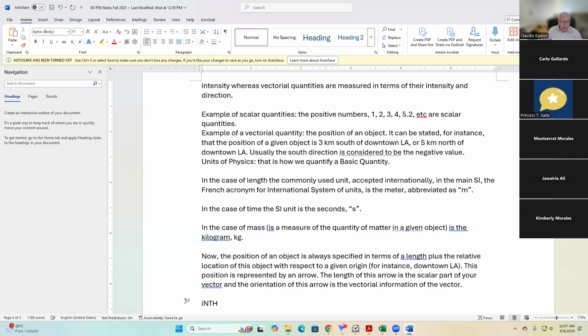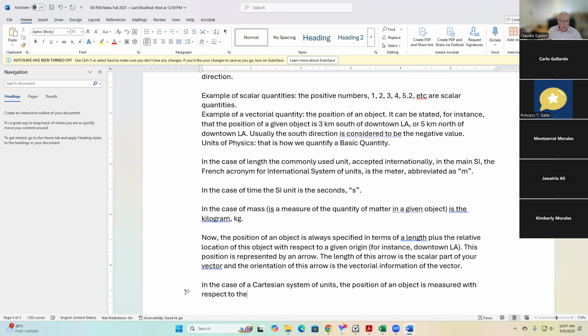In the case of a Cartesian system of units, the position of an object is measured with respect to the origin of the Cartesian axes, which is the intersection of the x and y axes.